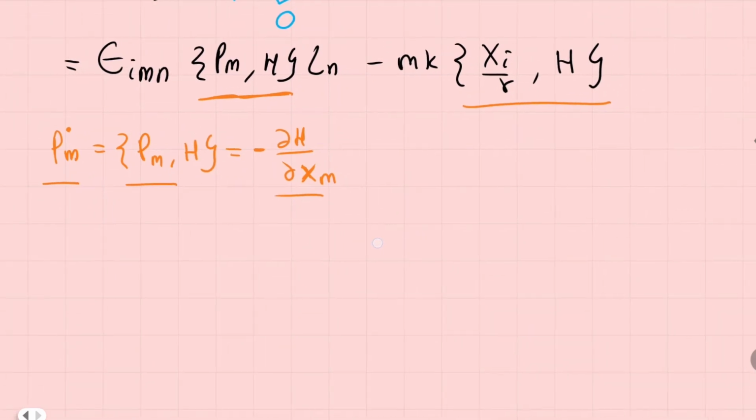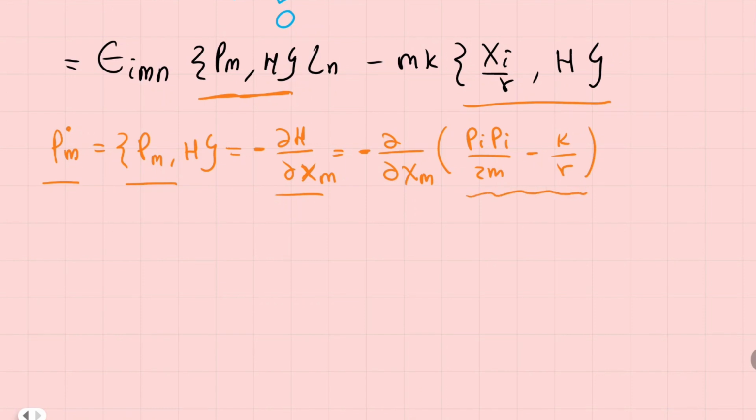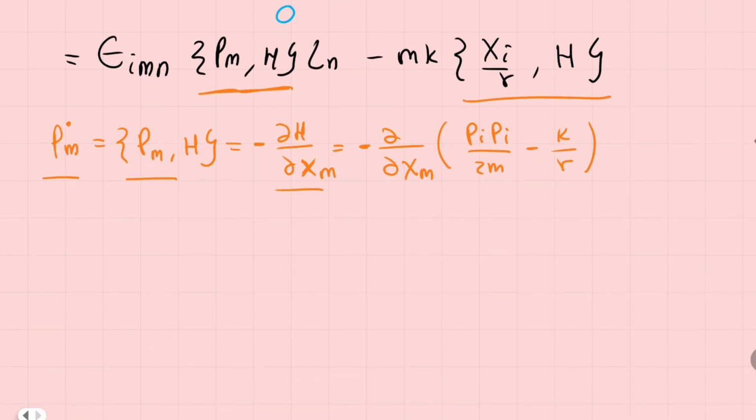And we know that the Hamiltonian, we are going to have here that this is minus the partial derivative with respect to xm of the Hamiltonian, but the Hamiltonian is p squared over 2m minus k over r. Okay, that is what we saw that it is the Hamiltonian defined as.